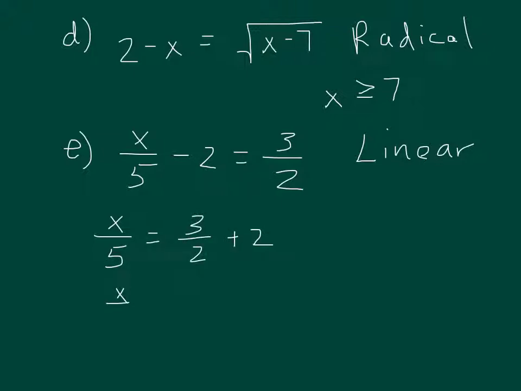So x over 5 is equal to 7 halves. Multiply both sides by 5, and x will be equal to 35 halves. If we were to graph that function, we would have a line.